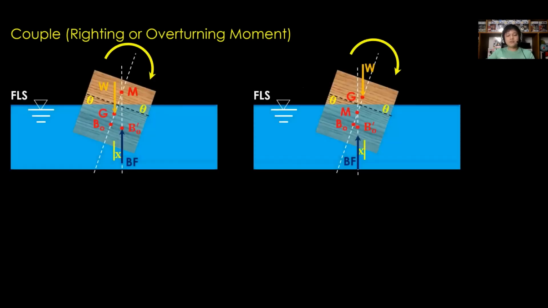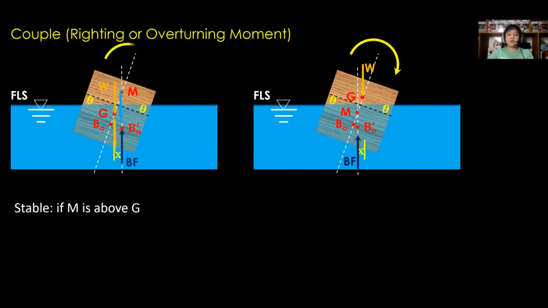For the couple and identification if it is stable or unstable, assume that it will tilt clockwise. First condition, it is stable if M is above G. Why? Because analyzing the sample, tilting rotation, such as clockwise for this example, the couple due to equal forces, the weight and buoyant force, creates a counter rotation.